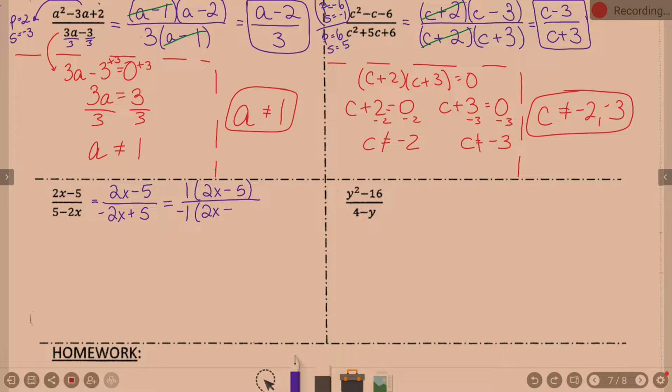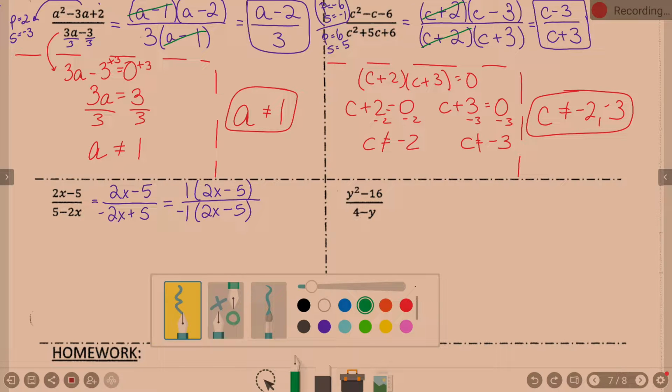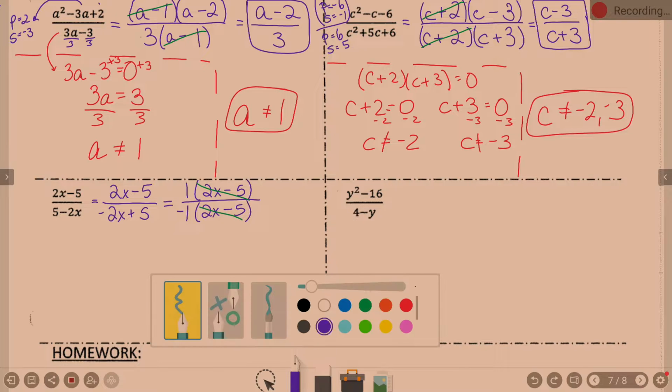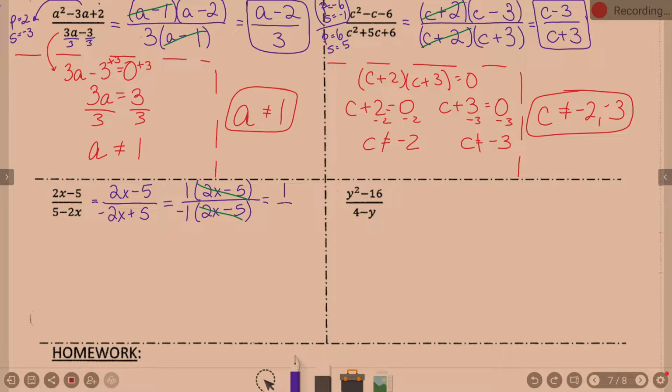It's going to be negative 5. Do you see what I was trying to do here? Yeah. I have a 2x minus 5 on top and a 2x minus 5 on bottom. What remains then? 1 over negative 1, which is negative 1.